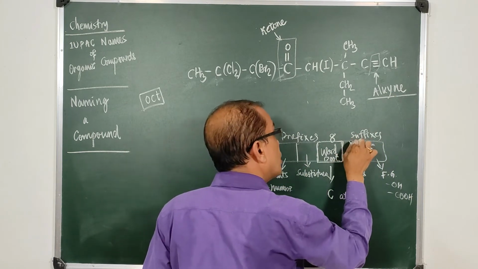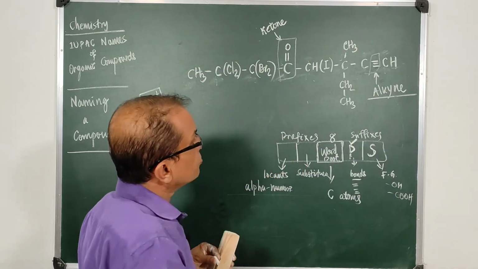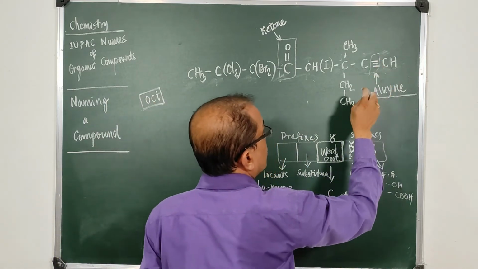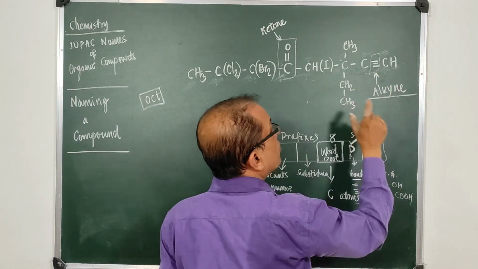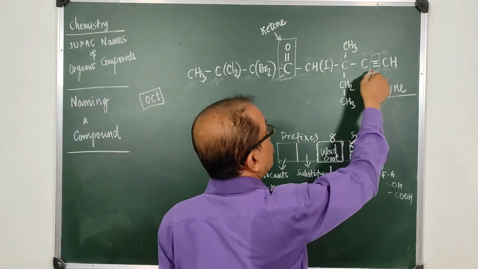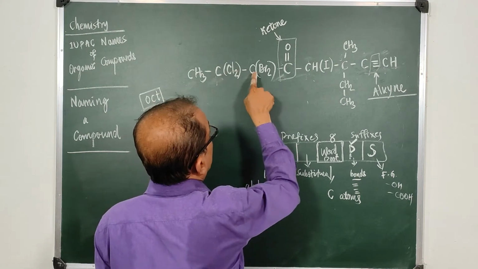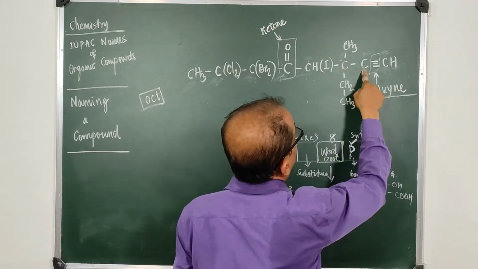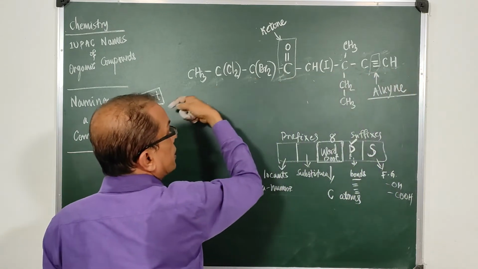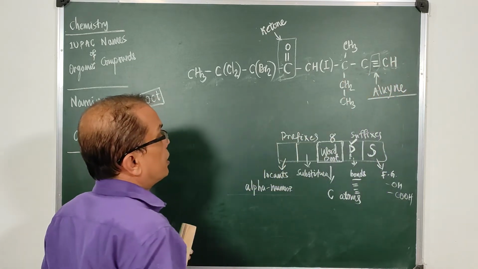So I will look at the primary first. I will take this line as the parent line, and here I have the triple bond with the minimum number of locant. The value associated with that position should be minimum. If I count from this side, it will be 1 2 3 4 5 6 7, it is bonded at 7th. And if I count from that side, it is bonded with the first one, so that should be taken.